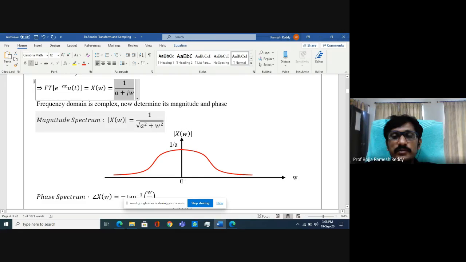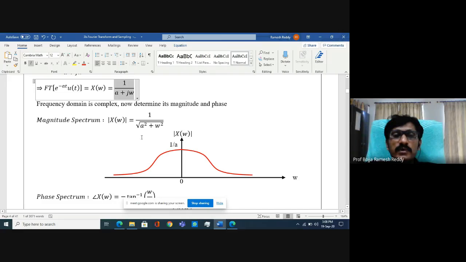Okay, see, modulus of X of omega. Put omega is equal to 0. At omega is equal to 0, it is 1 by a. 1 by a is the amplitude that occurs at omega is equal to 0. After that, if omega increases, it decreases non-linearly, and after a long time, if omega is equal to infinity, 1 by infinity is 0.